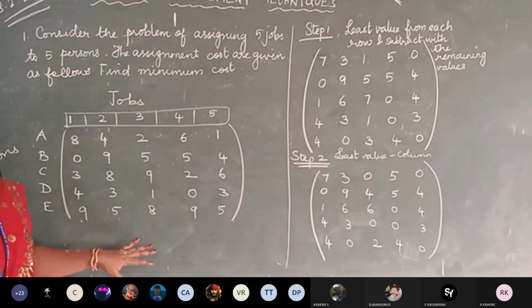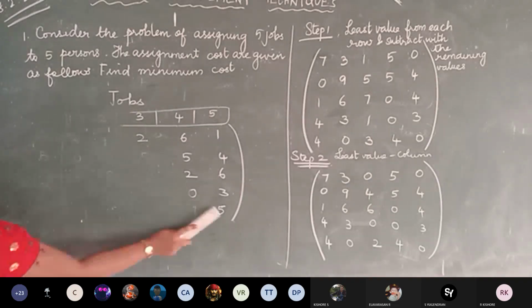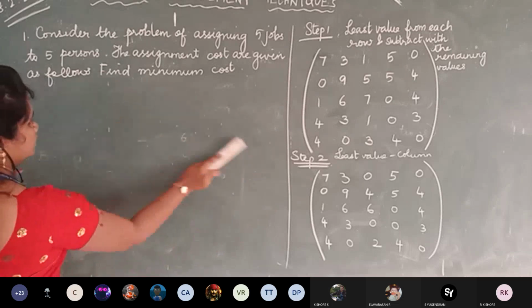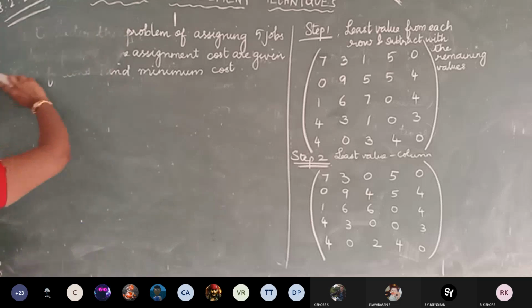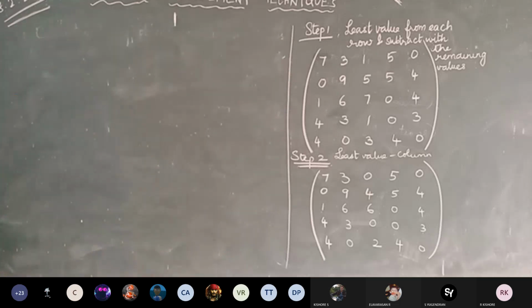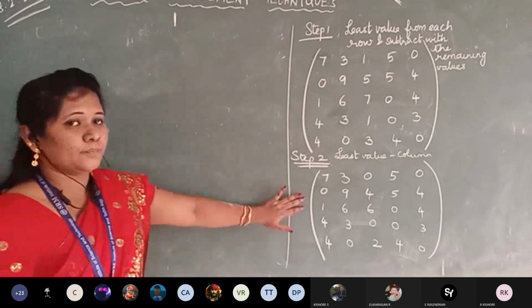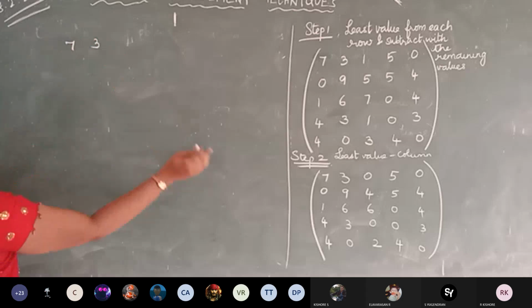Have you written this side? So write it down. I will write the step 2 this side. Okay, so that will be easy. Don't write it again, okay?